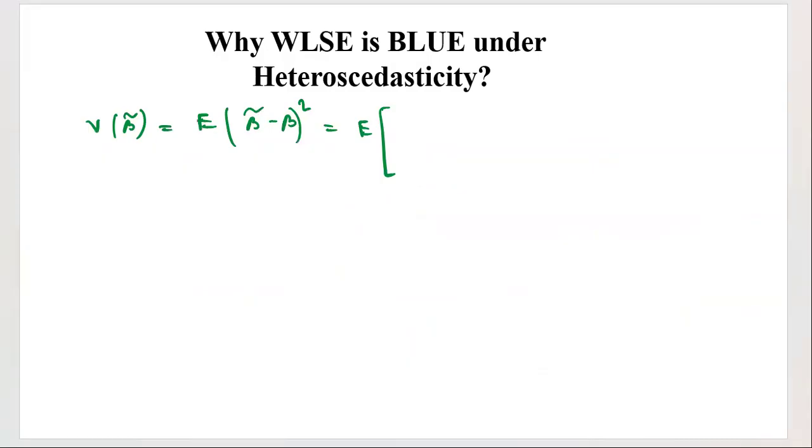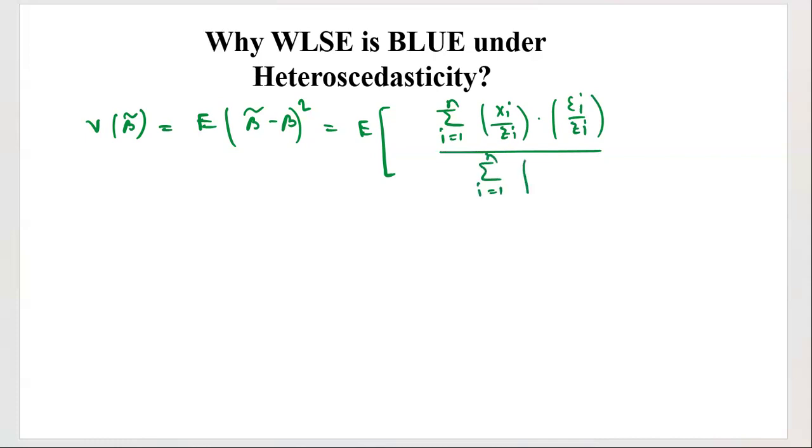So let me write summation i from 1 to n, xi upon zi, epsilon i upon zi. Then in the denominator you have summation i from 1 to n, xi upon zi whole square, and a whole square of this entire thing.